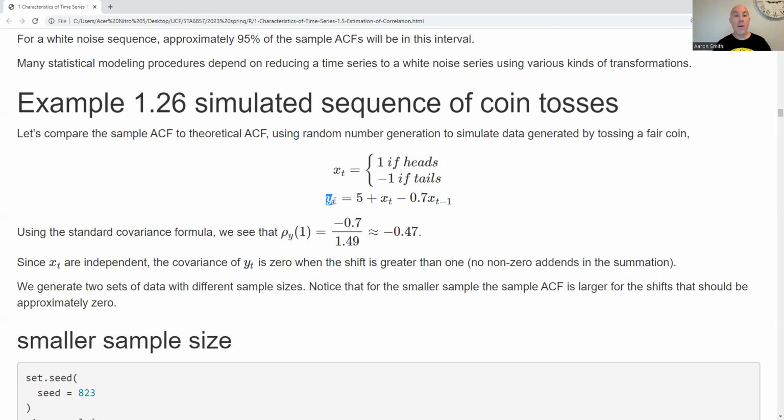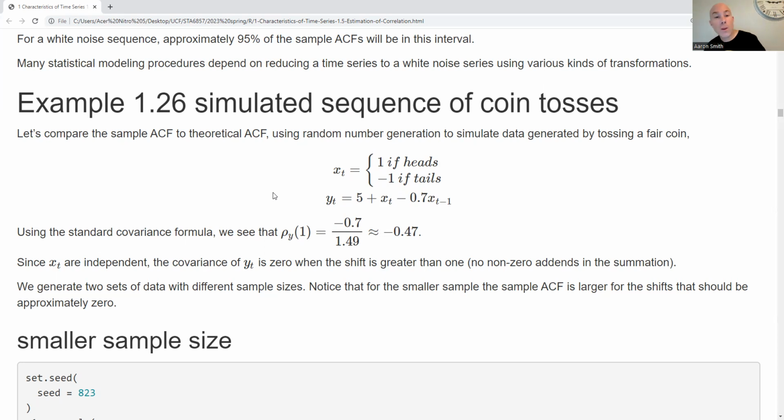We're going to call it Y, and that is going to be 5 plus the same time point for X minus 0.7 times the previous X value. So X is going to be plus or minus 1, and it's going to be plus or minus 1 for the previous observation, and then we're going to make Y sub t.